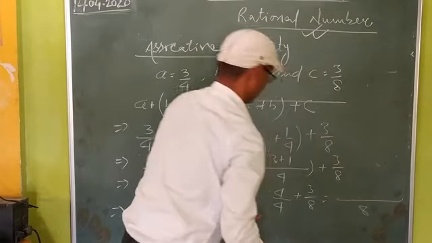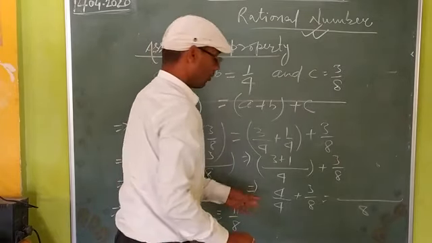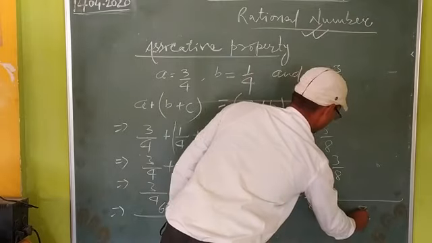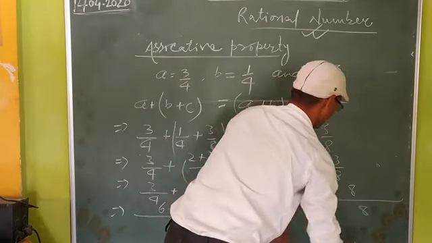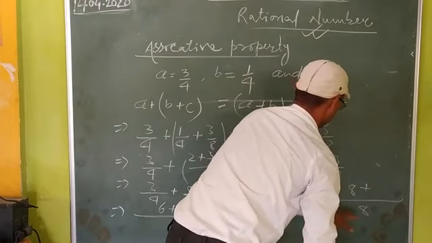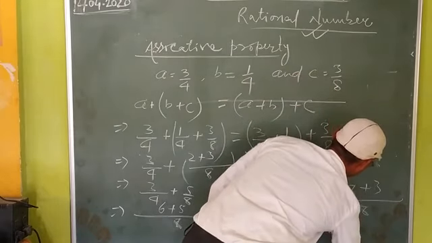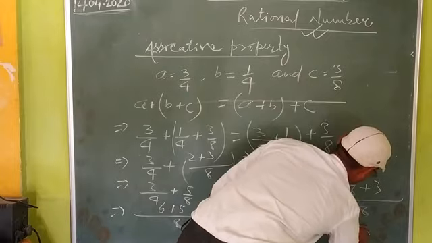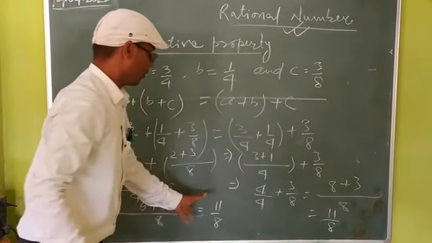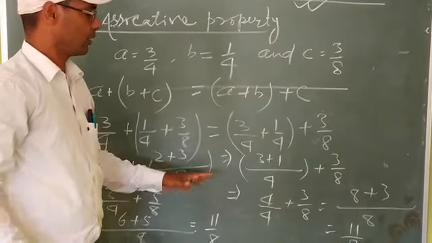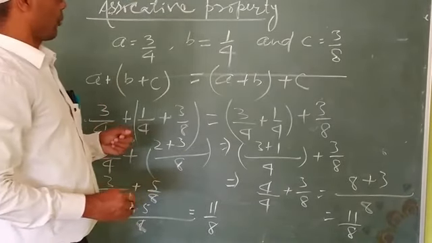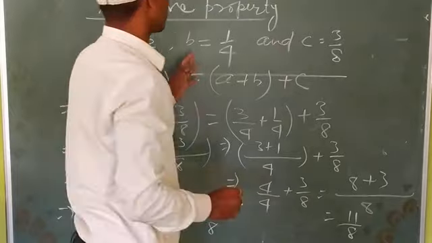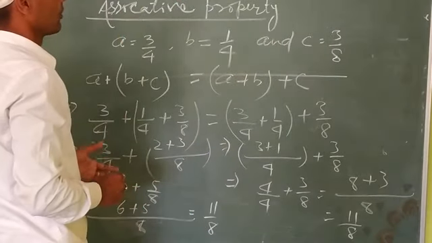You can cancel 4/4 as 1. 8 divided by 8, here 3. 8 plus 3 is 11/8. What are you looking at? Both results are the same. In the associative property, this is the first case, addition.